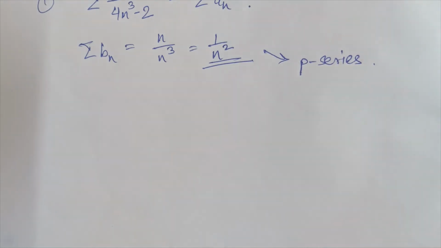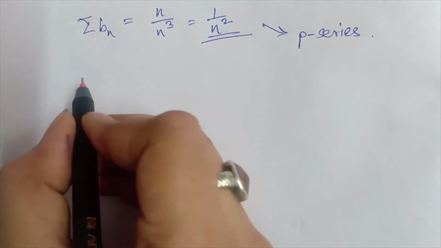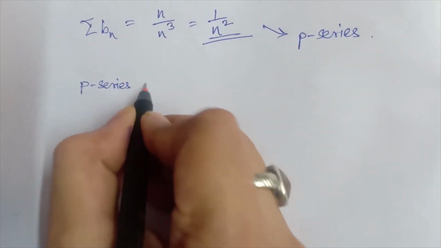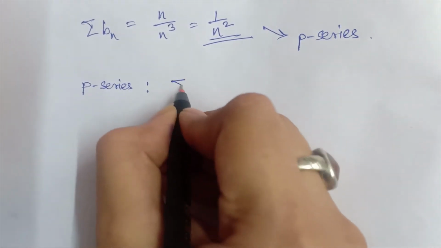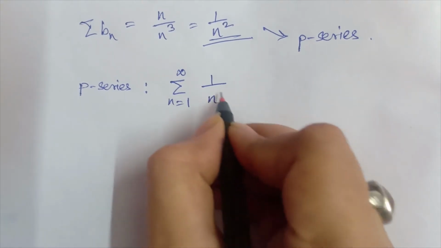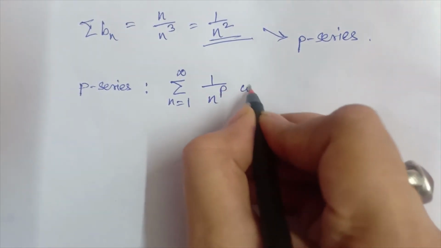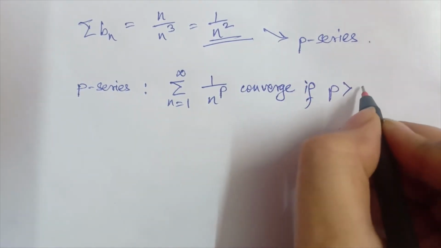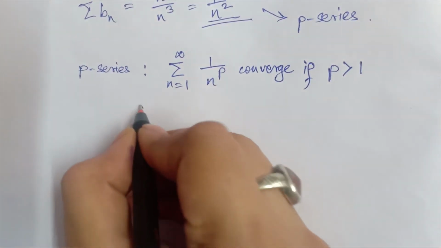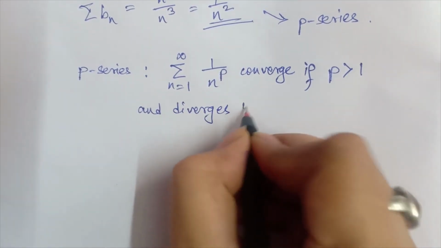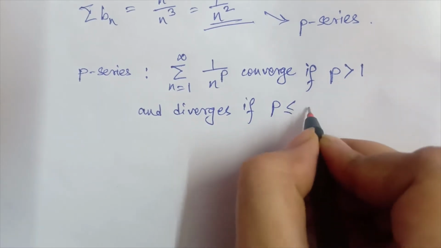Now what does P series state? The P series states that summation n equals 1 to infinity 1 by n to the power p converges if p is greater than 1 and diverges if p is less than or equal to 1.